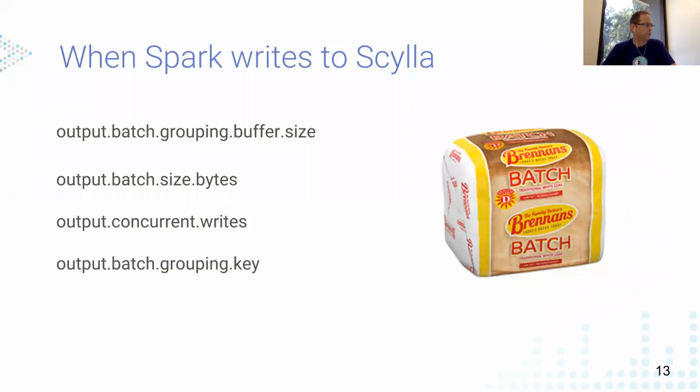Another thing that you have to look at is the output concurrent writes. It means how many batches you're going to have in flight at any certain point in time. The default is 5. If you have a very performant cluster with a lot of data and a lot of execution power, you might want to increase that and get more batches in flight at every single time.